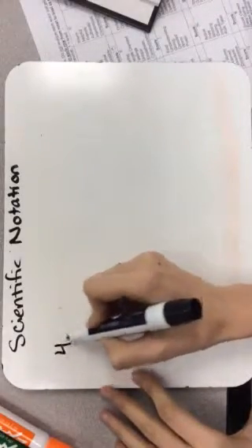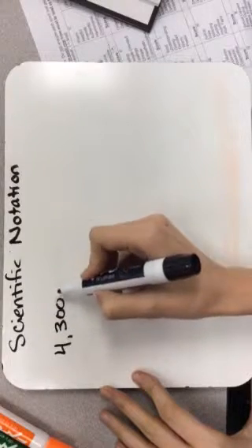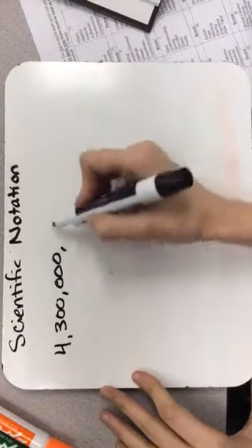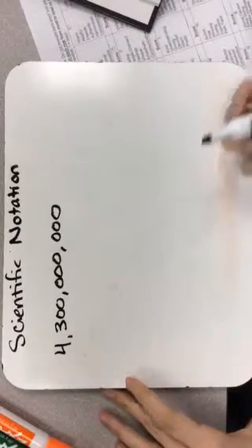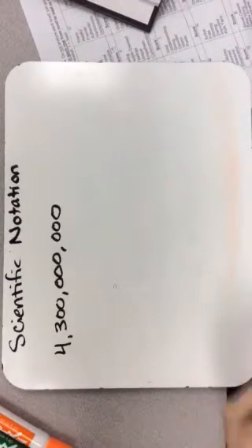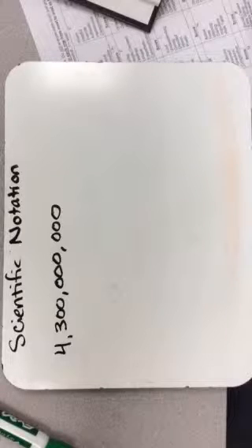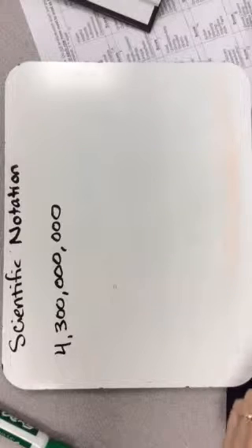So we have 4,300,000,000. And I don't have a unit right now, but that doesn't really matter at this point. 4,300,000,000 is a really difficult number to work with if we had to multiply it by anything. It's too many zeros to keep track of.